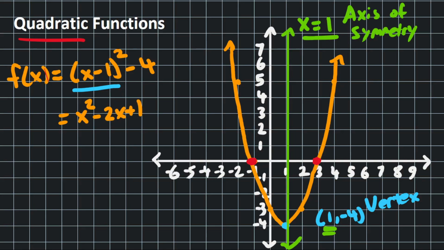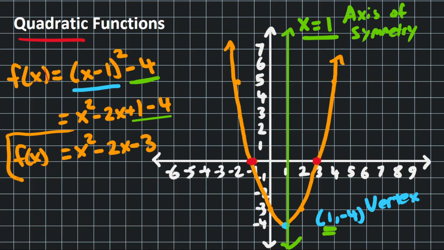And then we have this minus 4 remaining, so I'll write that minus 4 here. Then you can combine these like terms, plus 1 minus 4. So in the end, you have x squared minus 2x minus 3. f of x equals x squared minus 2x minus 3.